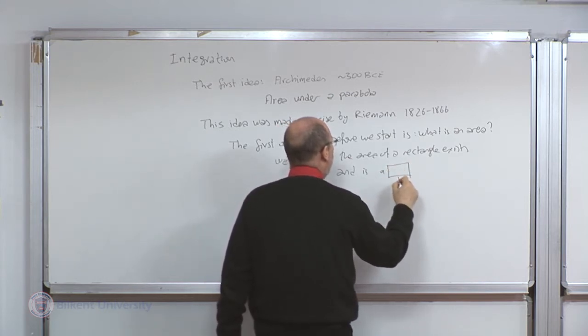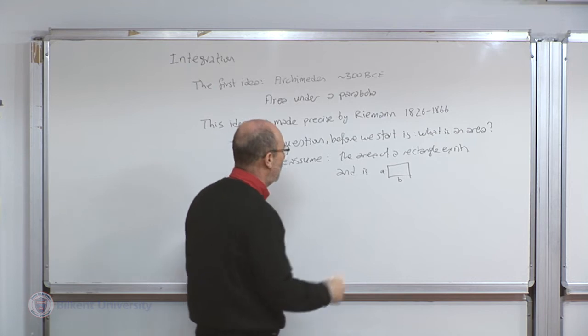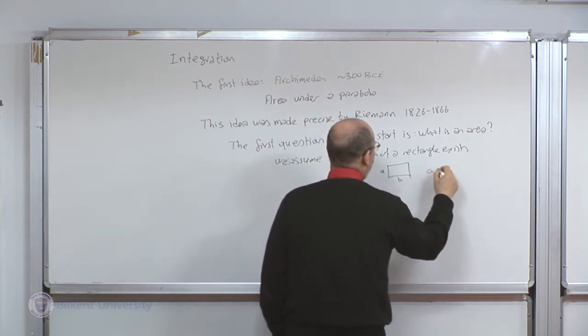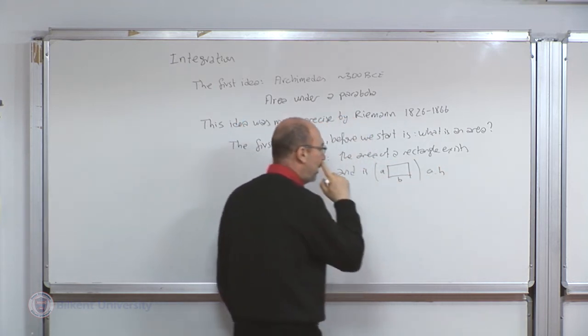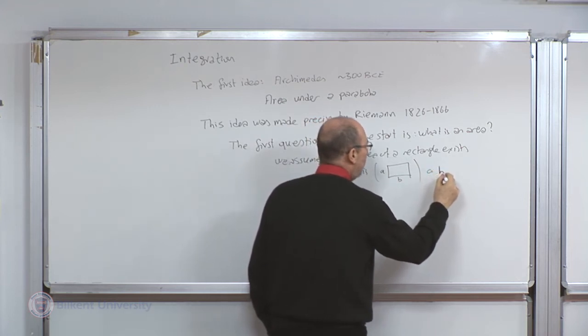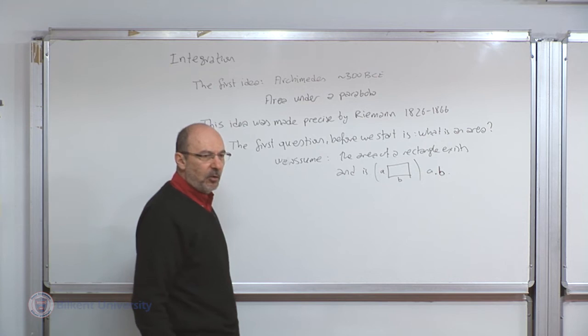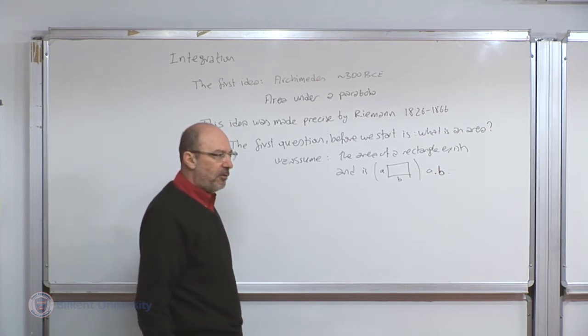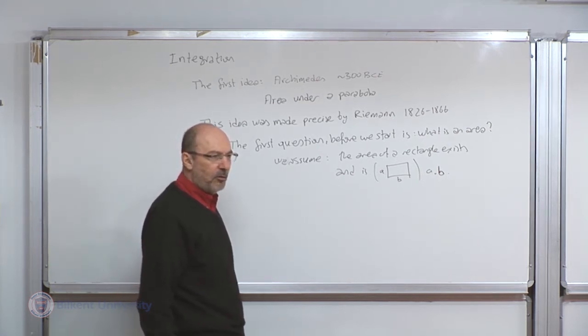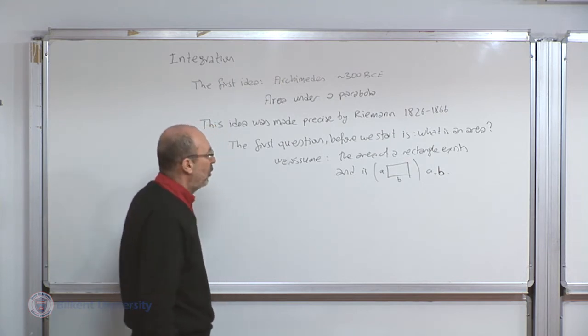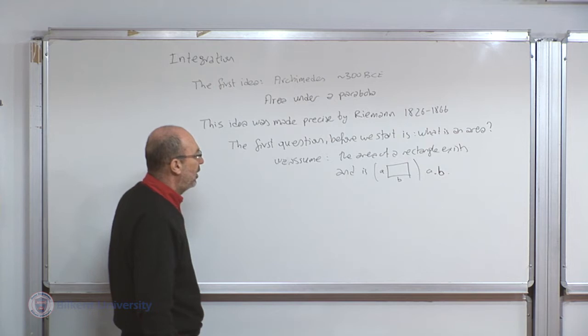So let me just draw a picture, because integration is about pictures. It is A times B. Okay, if this is your rectangle, the area is A times B. Okay, so we assume this, and we realize that if we want to prove this, we have to find something simpler than this, and there is none. Okay, so we agree that area is this.